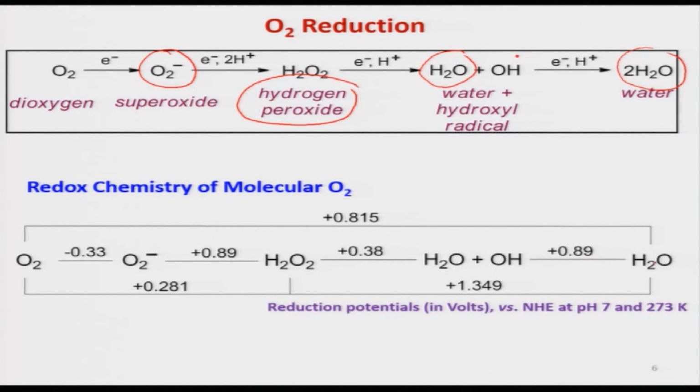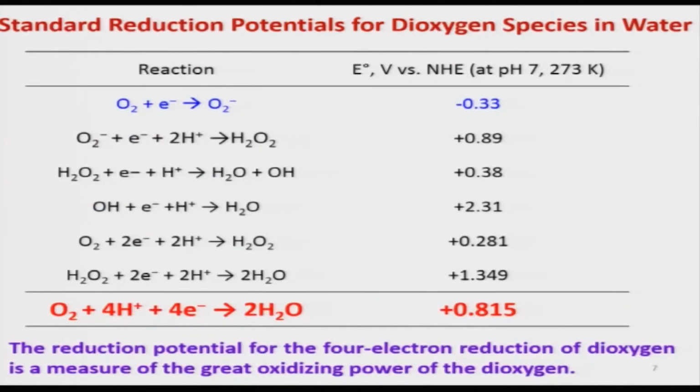However, if O2 you convert to water directly, the potential that is required is plus 0.815 volt. This has been tabulated over here. This is the first reaction, one electron reduction O2 to O2 minus, which produces a negative potential of minus 0.33, and indeed all other potentials are very positive.